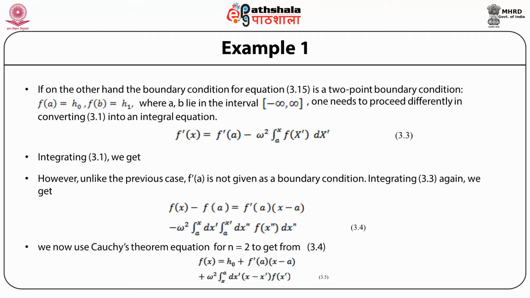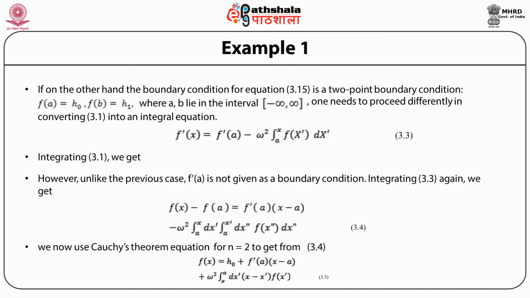We now use Cauchy's theorem for n equal to 2 to get f(x) equal to h naught, because f(a) is h naught, plus f prime(a) times (x minus a) plus omega squared times the double integral, which is converted into a single integral by Cauchy's theorem.